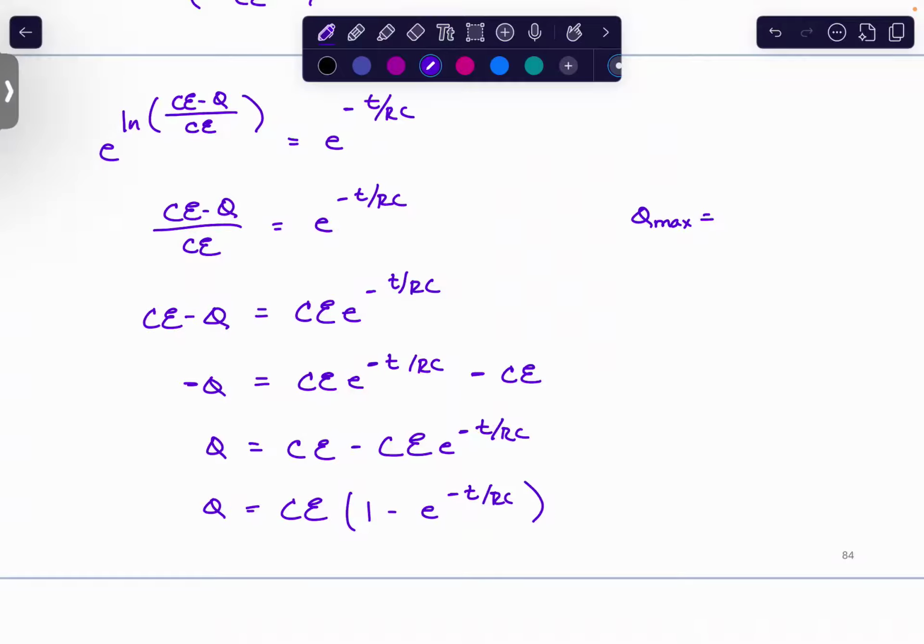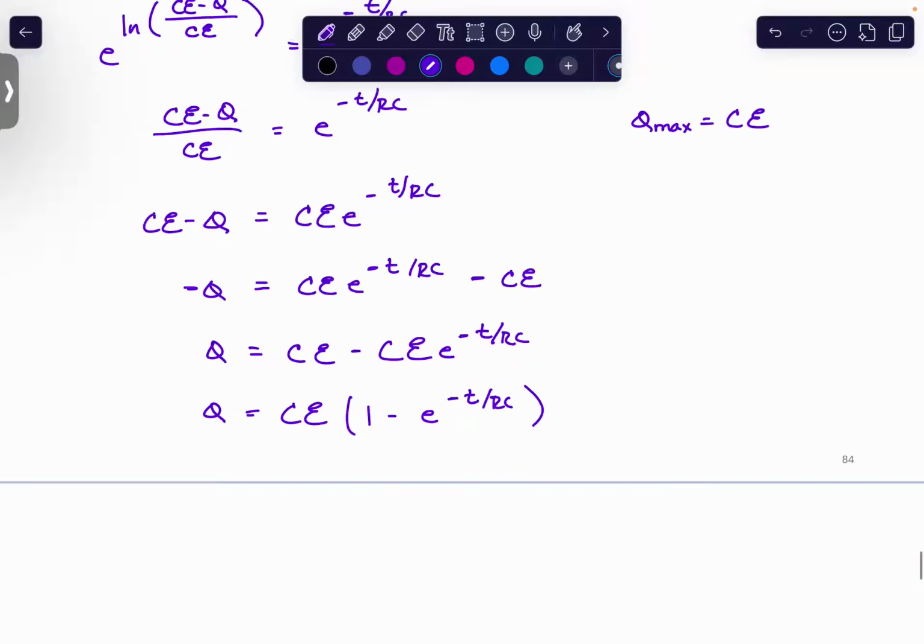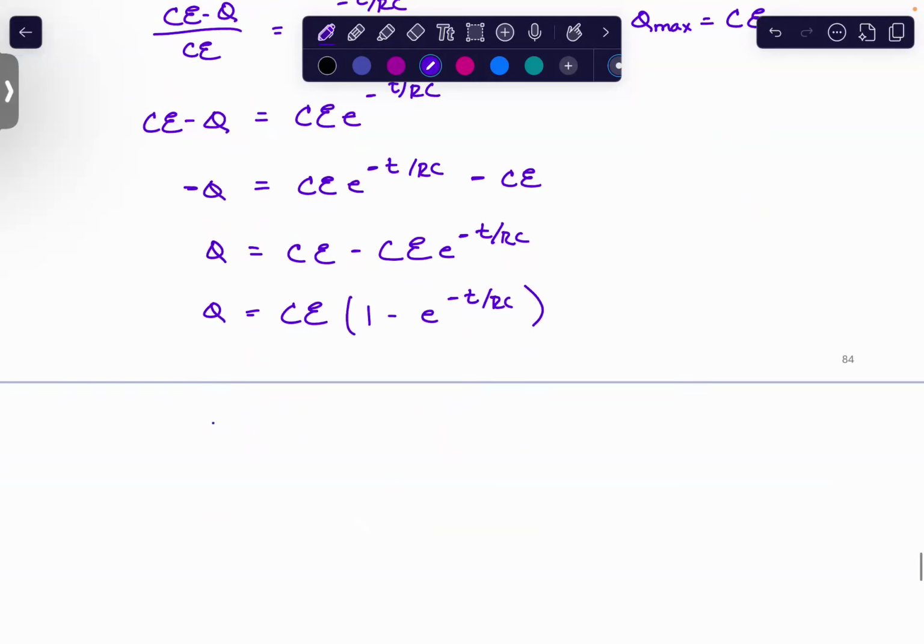C delta V, which our delta V in this case is what? So you can either call it Q max or Q final.